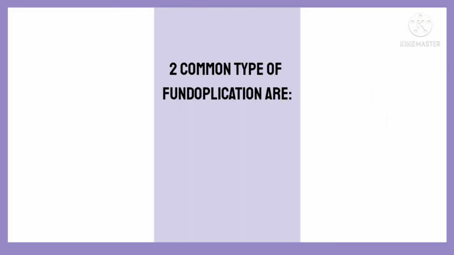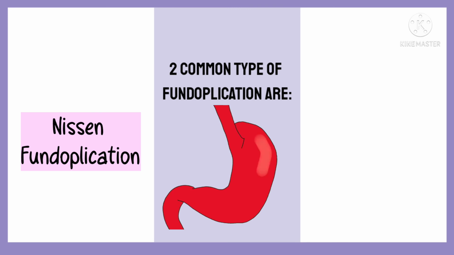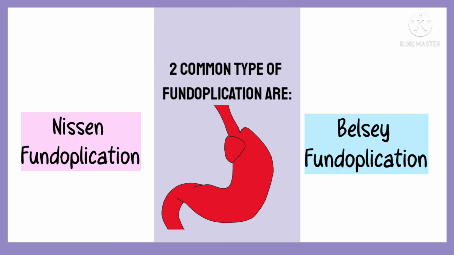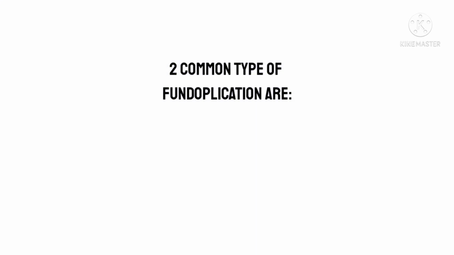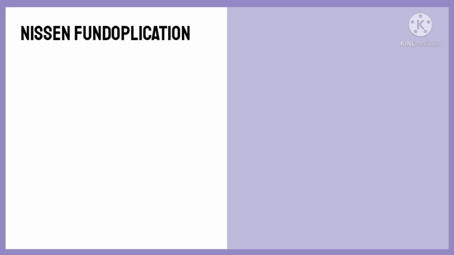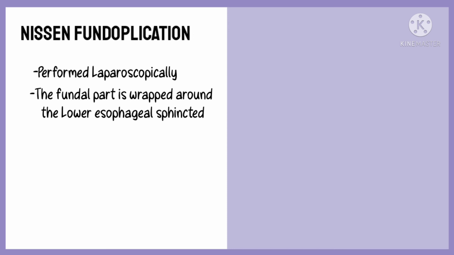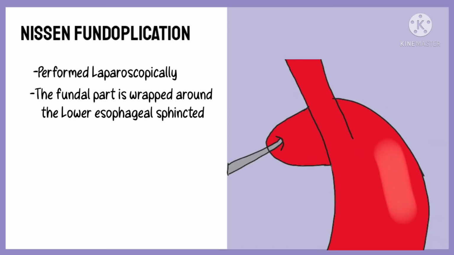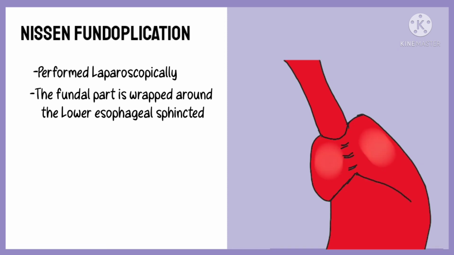The two common types of fundoplication that are performed are the Nissen fundoplication and the Belsey fundoplication. The Nissen fundoplication is performed laparoscopically, wherein the fundus part of the stomach is wrapped around the lower end of the esophagus and is stitched in place.